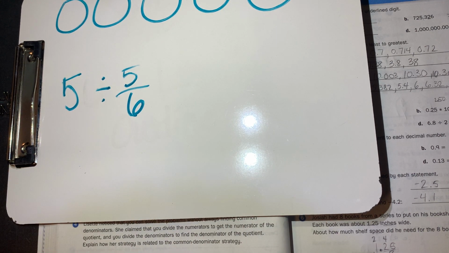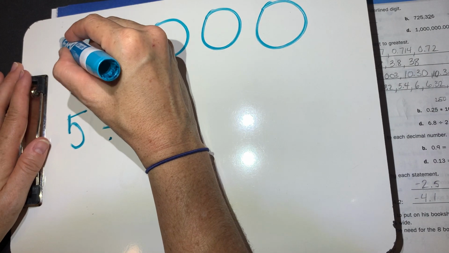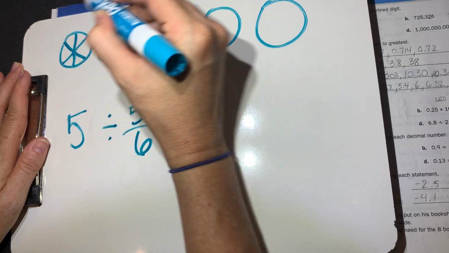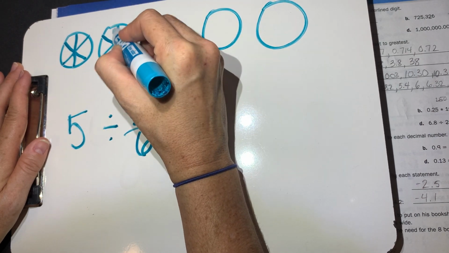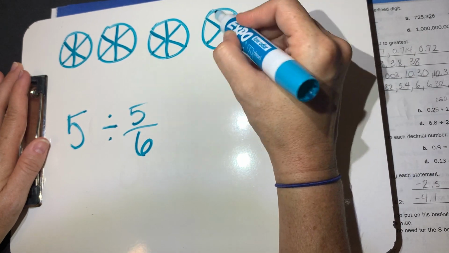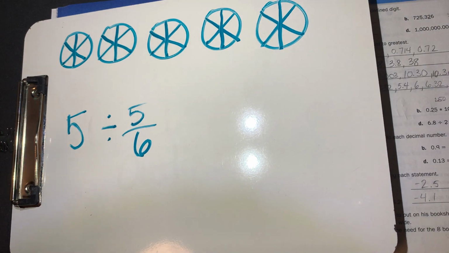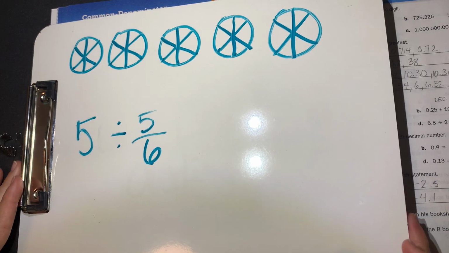So, what do I need to do to those circles? Tavia? Cut them into 6. So, I'm going to go crisscross and then down. So I have 6 pieces on each of my circles now.